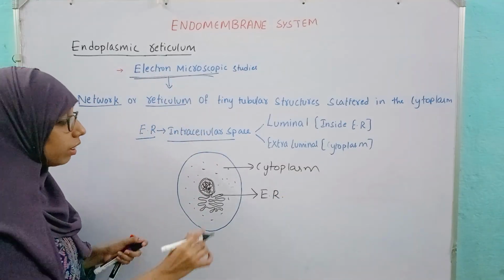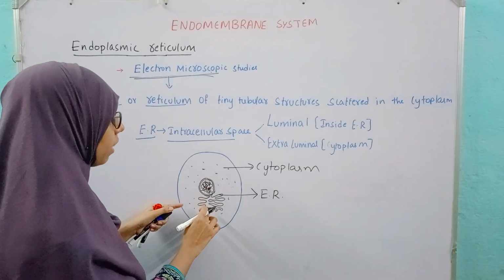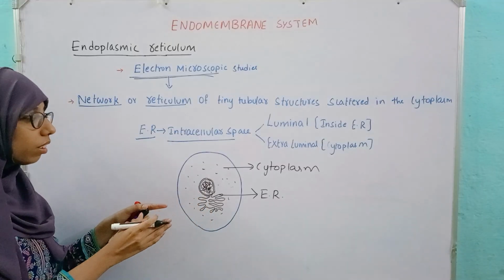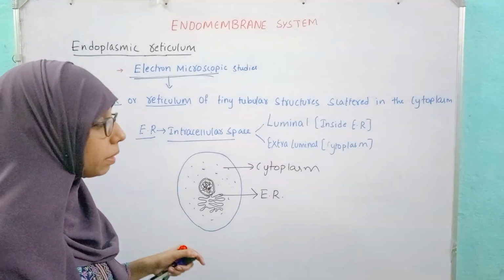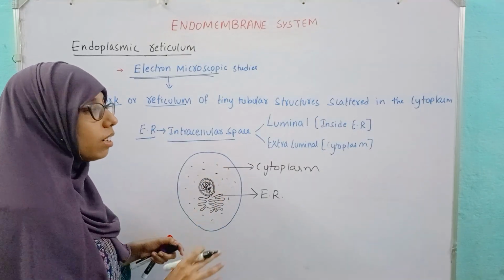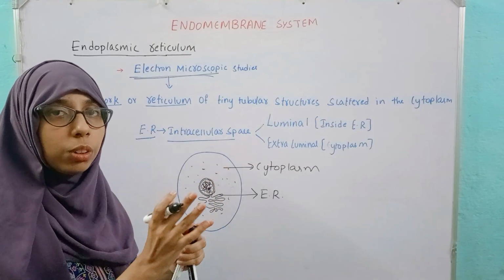This endoplasmic reticulum divides the intracellular space into two compartments. The total space in the cell is divided into two compartments.